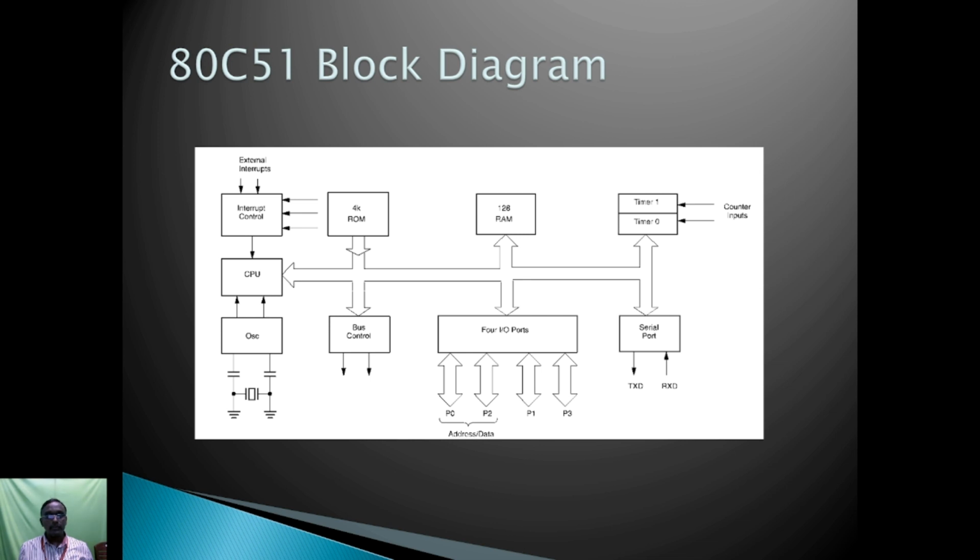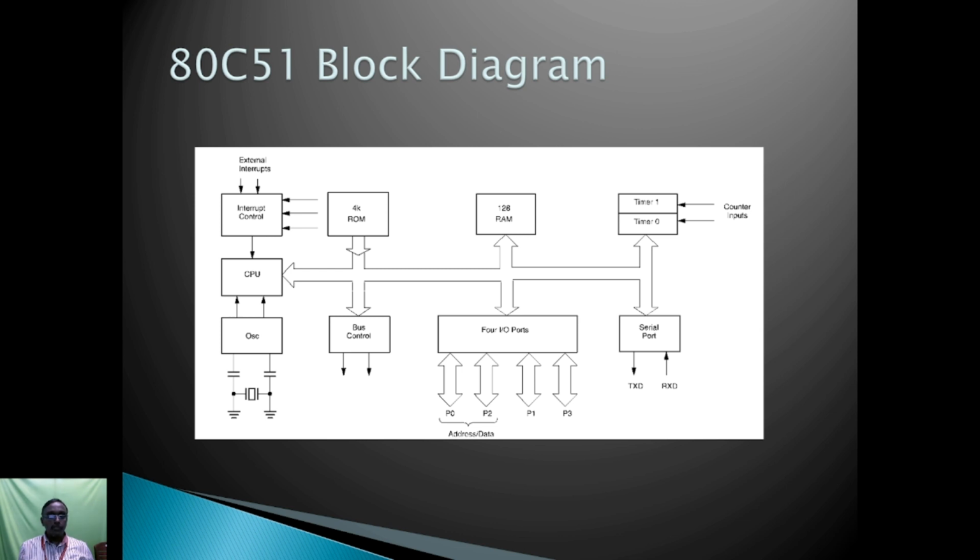In the serial port, TXD is the transmitter and RXD is the receiver. These two are for serial communication. In serial communication, parallel 8-bit data is converted to serial data and transmitted, and at the receiver it is received.